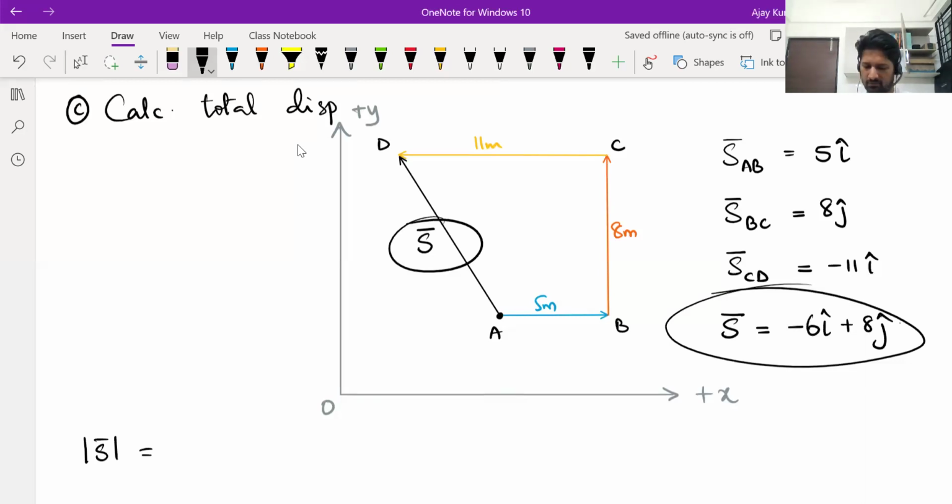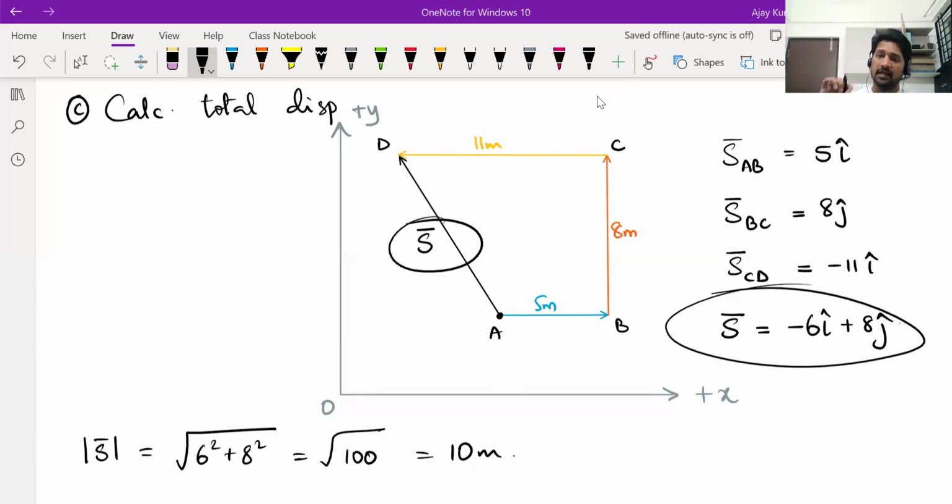It will be 10 units. Square root of 6 square plus 8 square becomes square root of 100. That is 10 meters. So observe what we have done here. There were 3 vectors and we got the magnitude of resultant of 3 vectors. Okay. And not just 3. This way you can add any number of vectors.